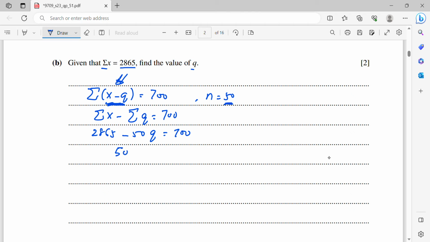So from here, I know that 50q is 2865 minus 700, which is 2165. Then your q is going to be 2165 divided by 50, and at last you are getting 43.3. That's the q value.